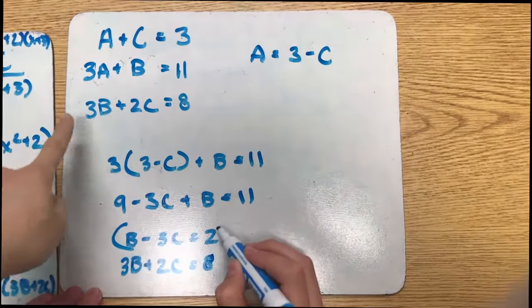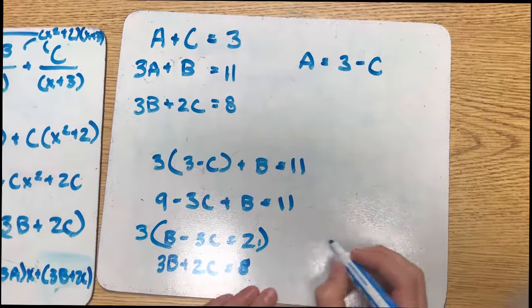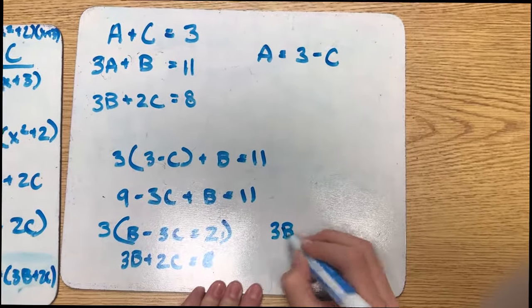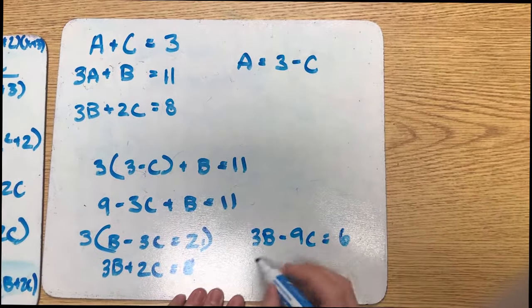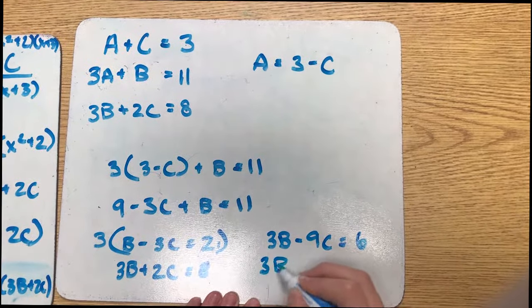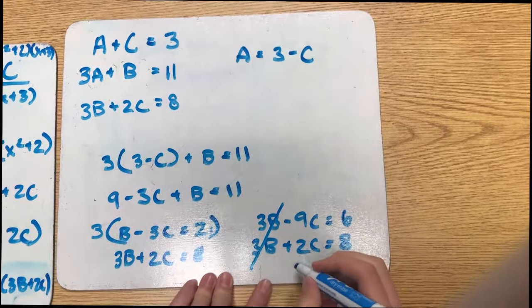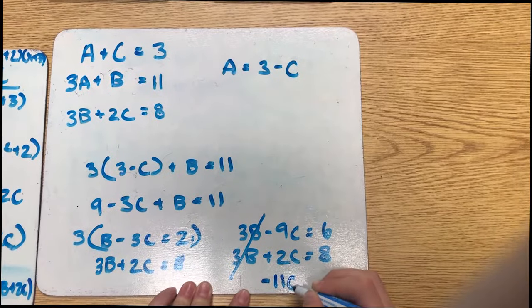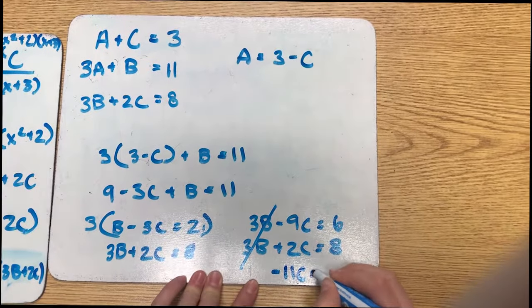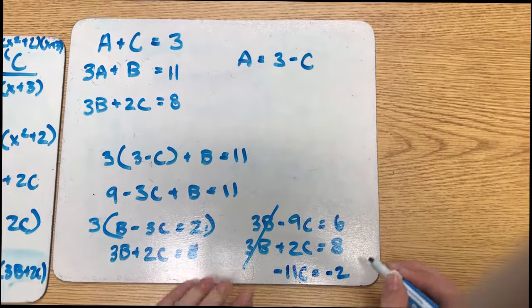Then we're going to put this in down here, and then we're going to times the entire top thing by 3, so we can get ready to eliminate. After we've put in the 3 for the top equation, we're going to cancel out the 3b and then subtract 2c from negative 9c, leaving negative 11c is equal to 6 minus 8, which is equal to negative 2.